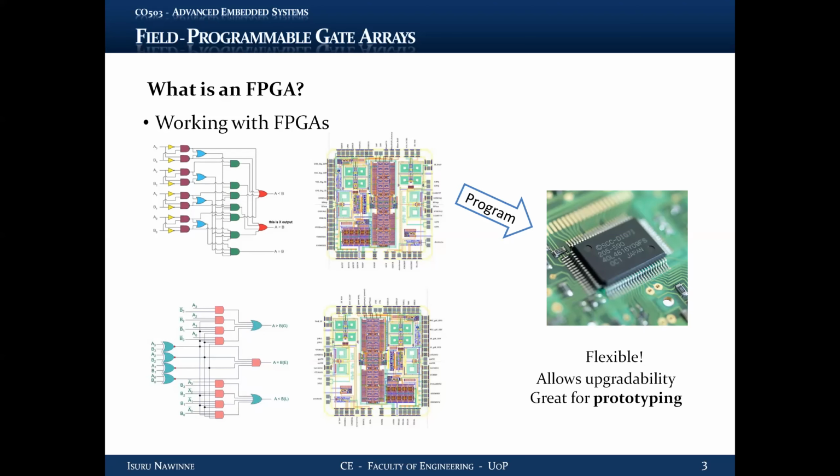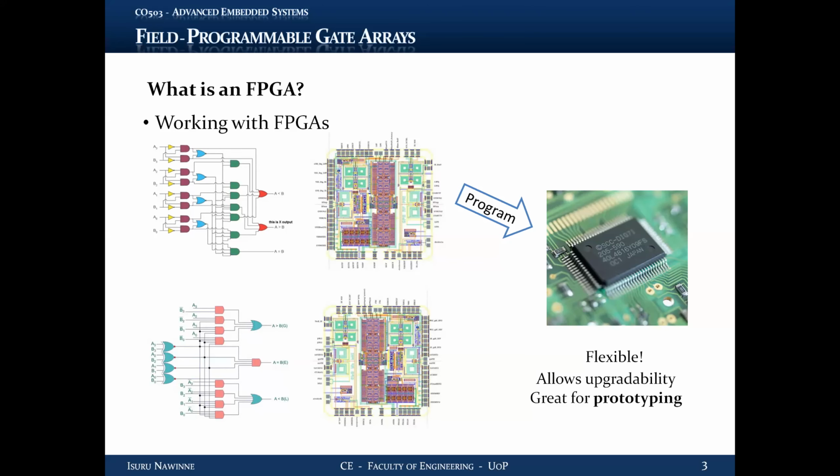FPGAs usually hold a place in between traditional integrated circuits and programmable computer processors, where the FPGA allows a certain degree of programmability at the logic circuits level, but the performance gained is not the same as if you made a dedicated integrated circuit, right?